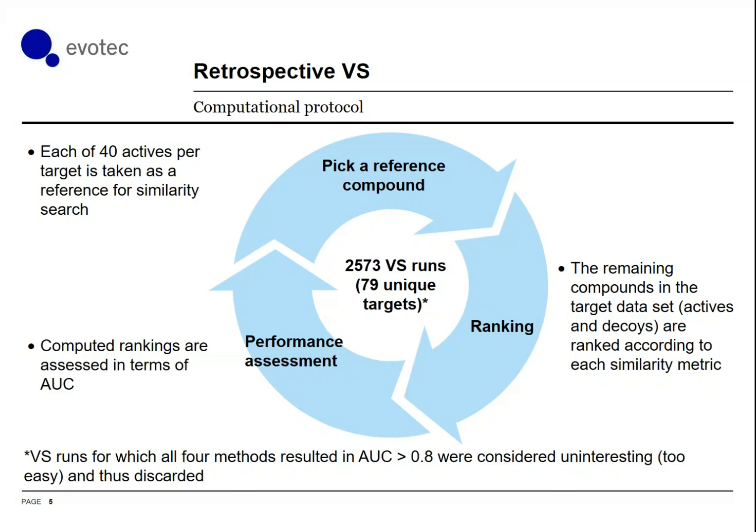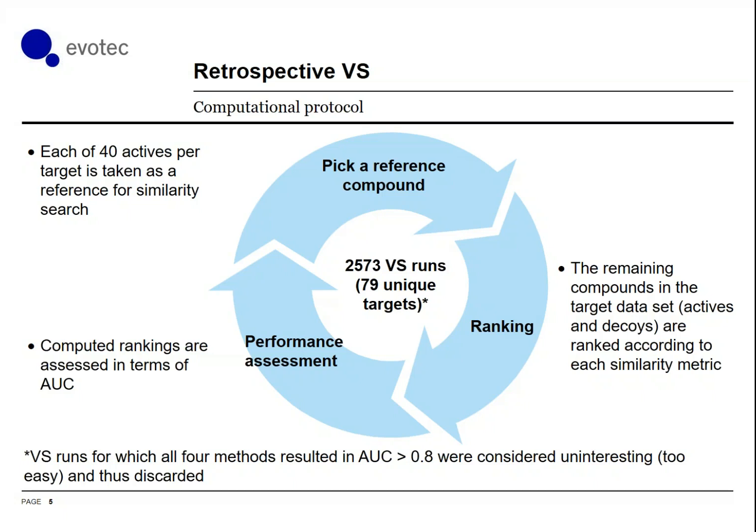The rankings obtained are assessed by calculating the area under the curve, and the next reference compound is chosen, and the whole process is repeated. This is done for each of the actives available for each of the targets in the dataset.